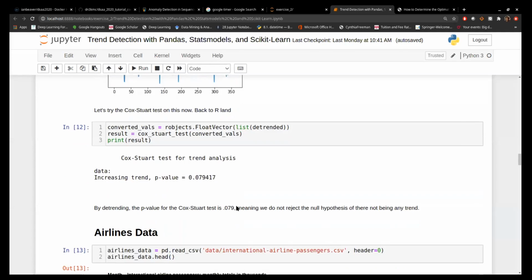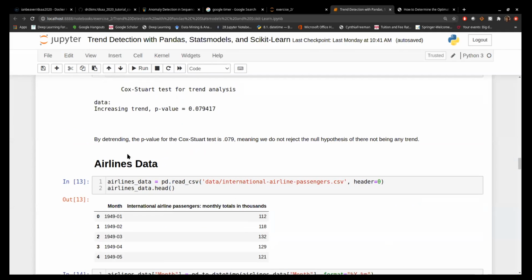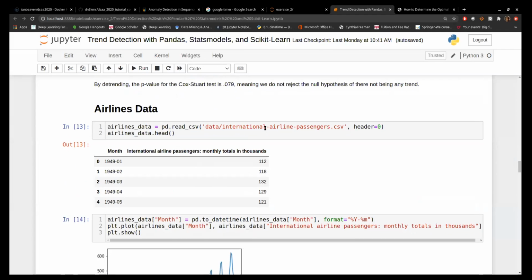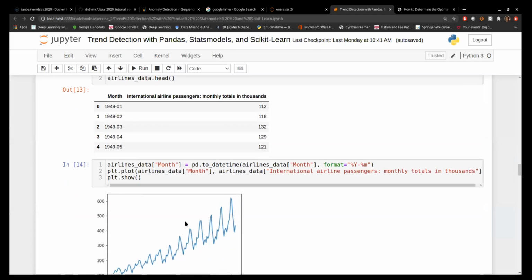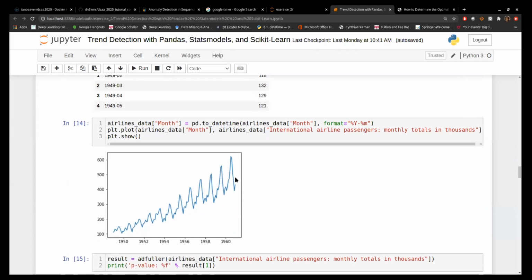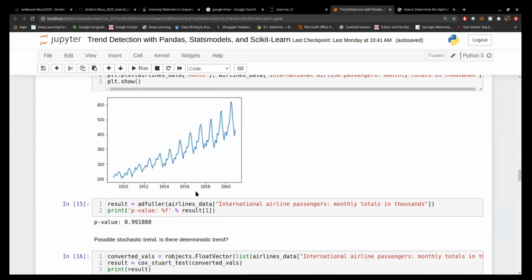Here we try another data set that we actually played with in the previous exercise, the airlines data set. This is something that we saw before where there was that increasing trend and that multiplicative seasonality. So I run the augmented Dickey-Fuller test here, and the p-value for the data set is greater than 0.05.